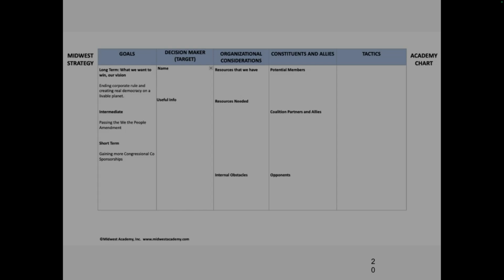And also, who are the constituents and allies that we have at our disposal? We need to identify people, groups that might be able to support us, our cause, and that can help us achieve our goals. So these individuals might be coalition partners, could be your neighbor, could be anybody.